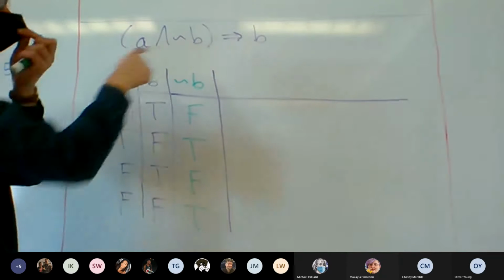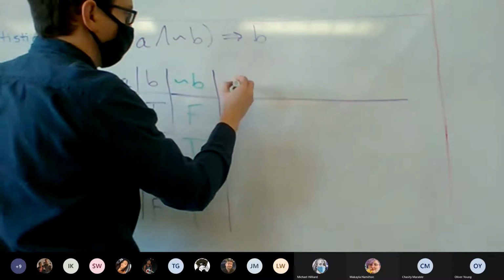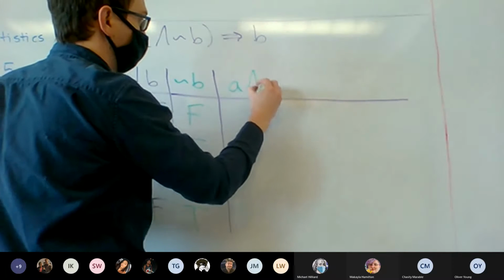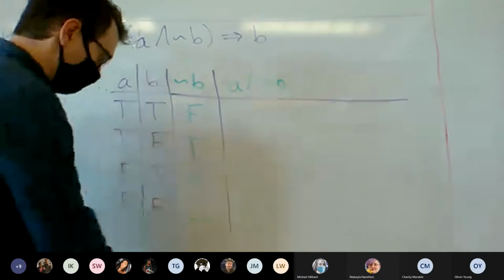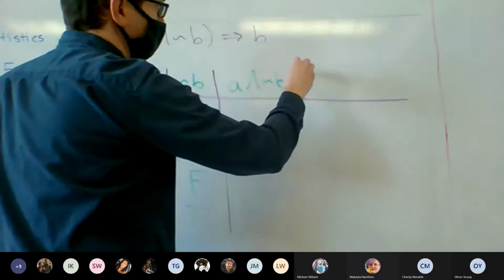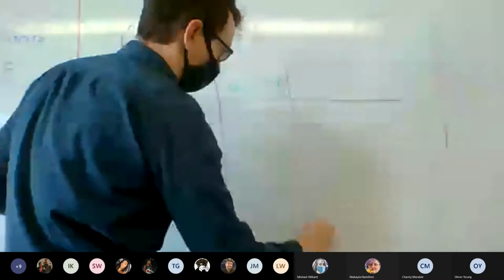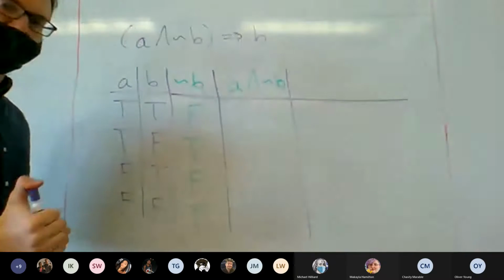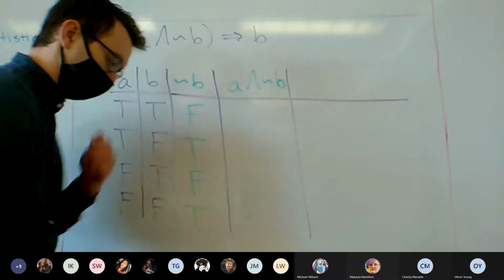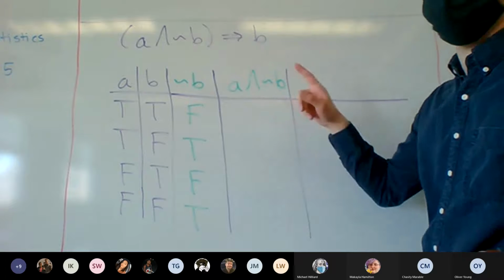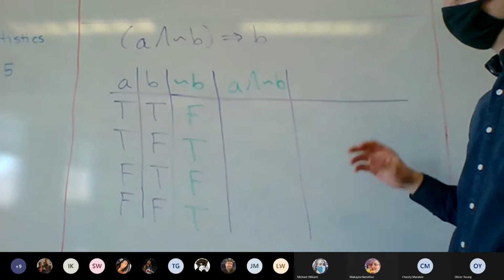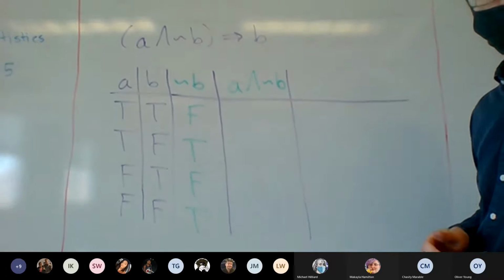It's A and not B. So I'm going to say my next column is A and not B. Now, remember I wrote those little facts at the end of last lecture about each different symbol, the ands, ors, and if-then statements.